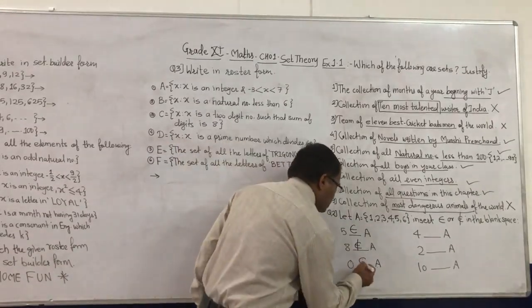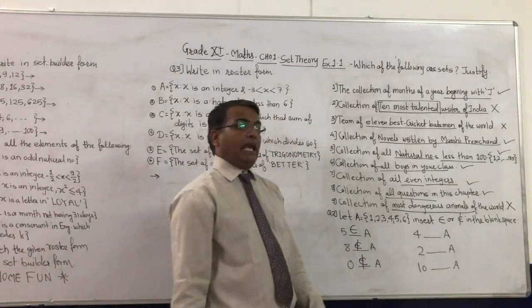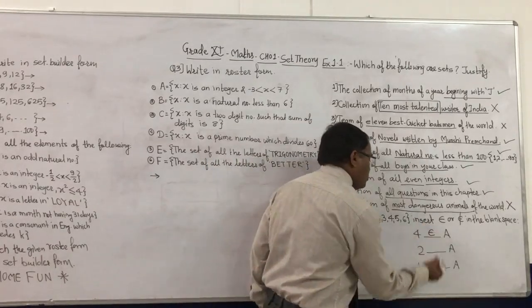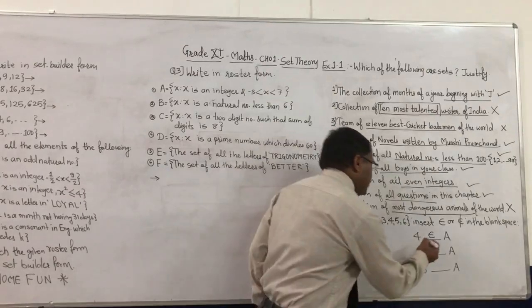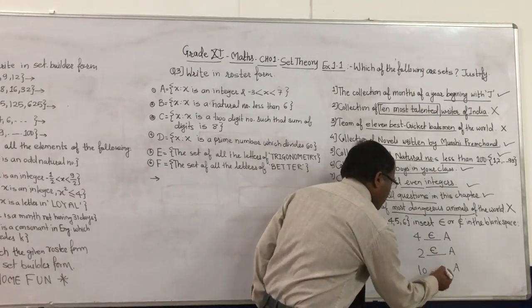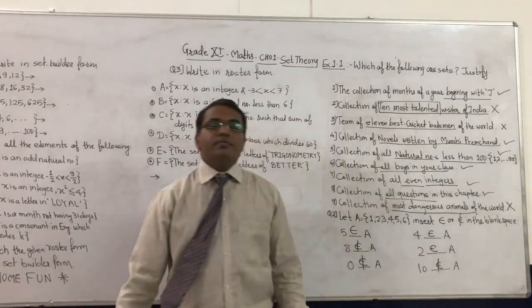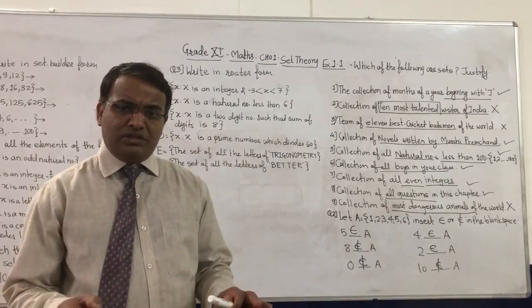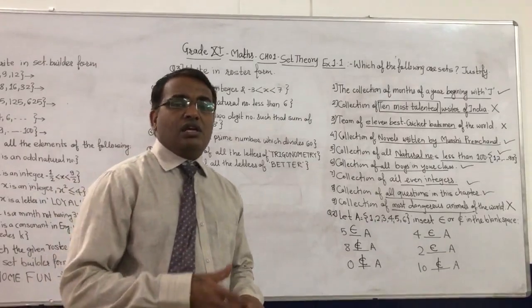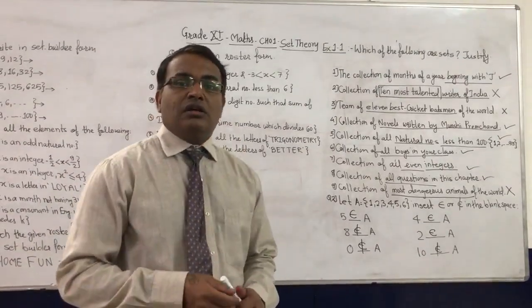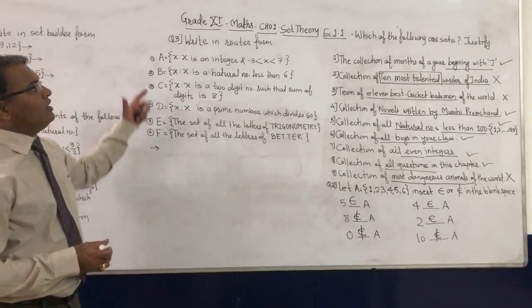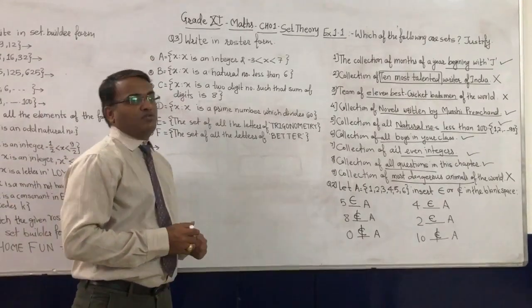No. So 0 doesn't belong to A. Similarly 4, yes, so 4 belongs to A. Then 2, yes, belongs to A. Then 10 does not belong to A. As I told you, set is a very simple topic, but when things are simple, they cause more confusion. So be careful.